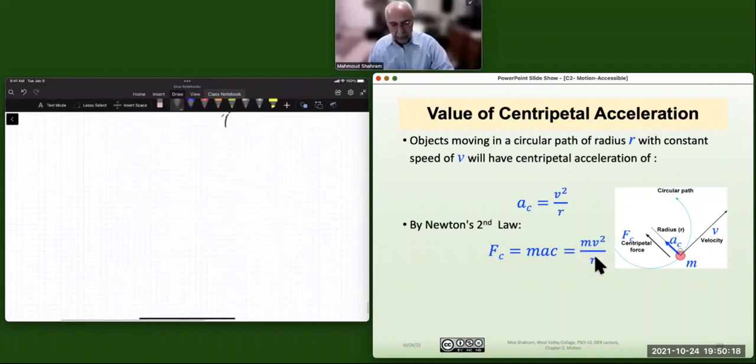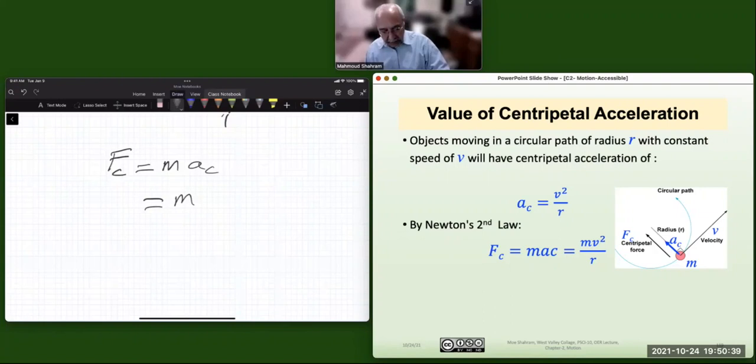So if somebody tells you that, hey, I have an object doing a circular uniform motion, its mass is m, find me the centripetal force, you say, okay, F centripetal is equal to mass times acceleration, and that's mass times v squared over r.